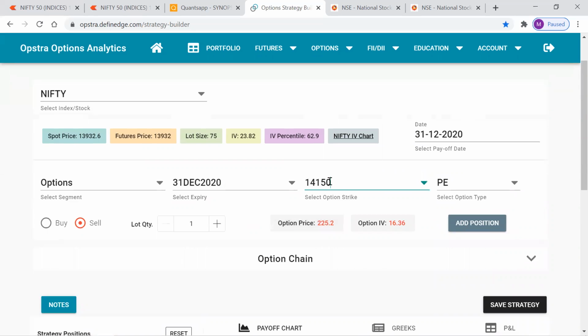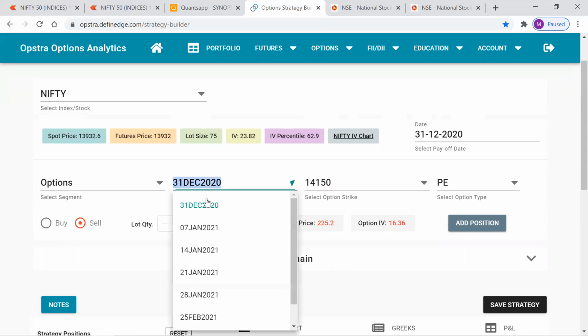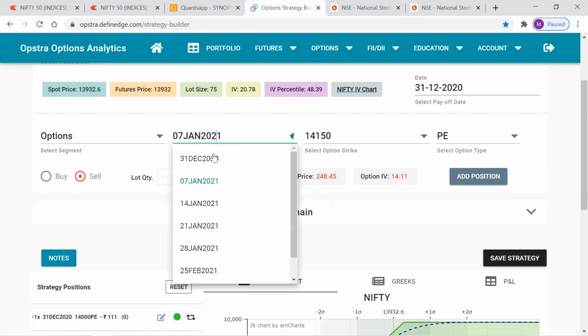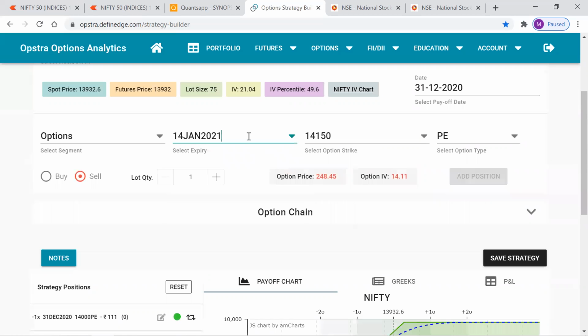Or else, imagine you are estimating that Nifty will cross 14,150 before 7th of January or 14th of January. Here you have got more time. Since you are bullish, you can buy call or sell put. Let's buy call.